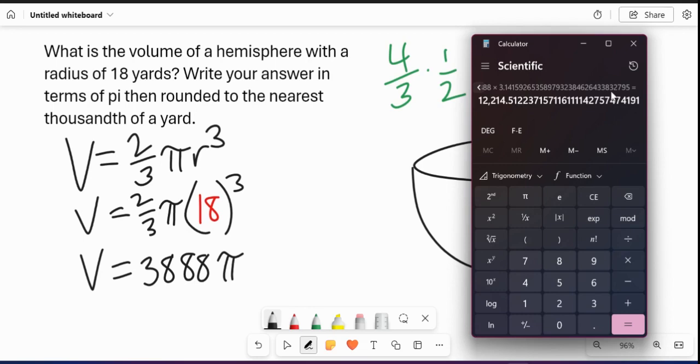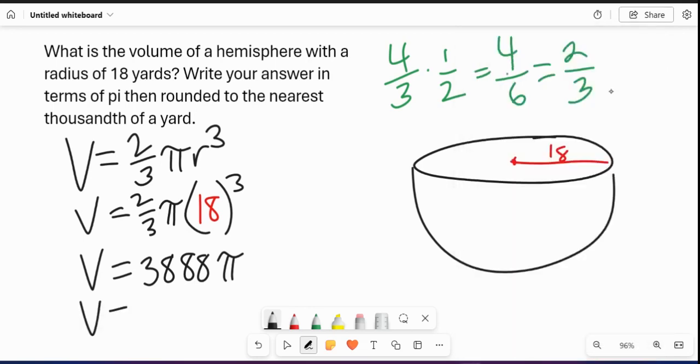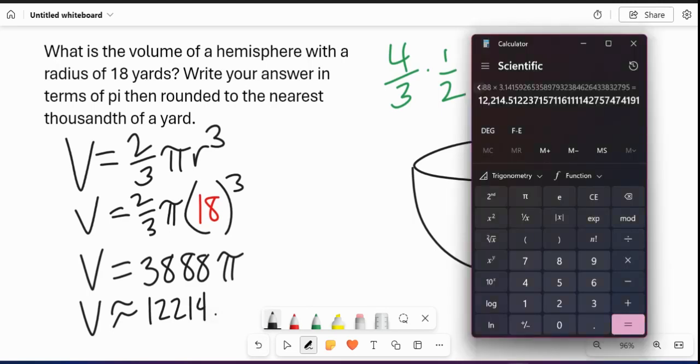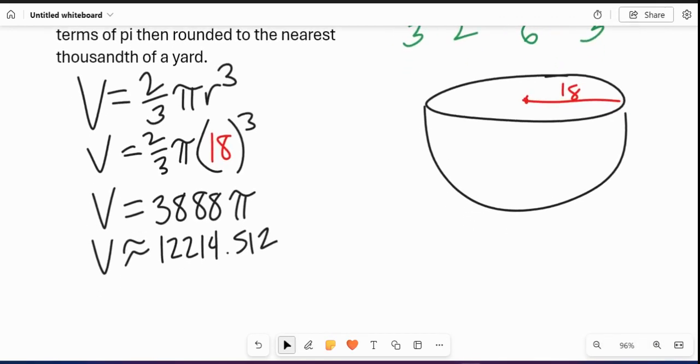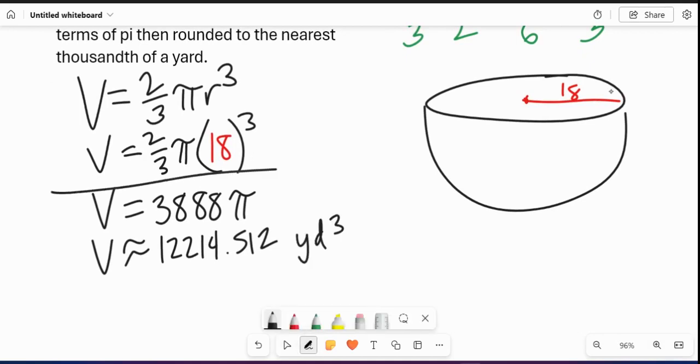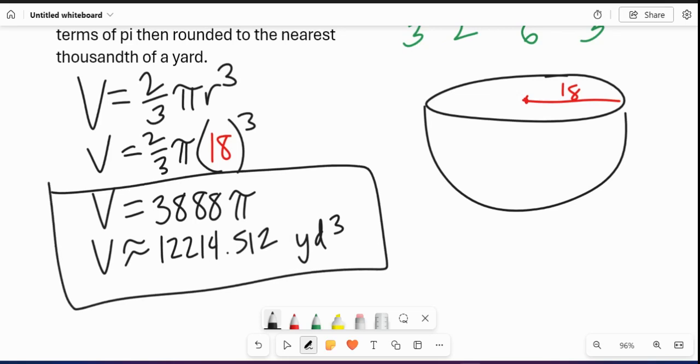So it's approximately 12,214.512 yards cubed. All right, that's my final answer. Okay, so remember, thousandths is 3 spots after the decimal.